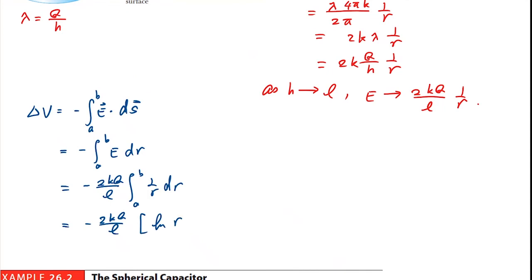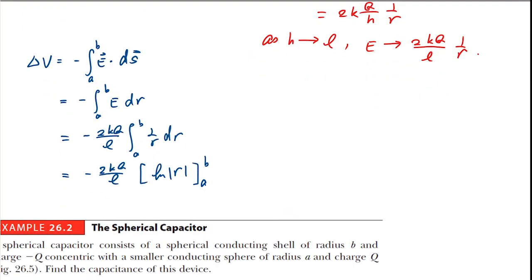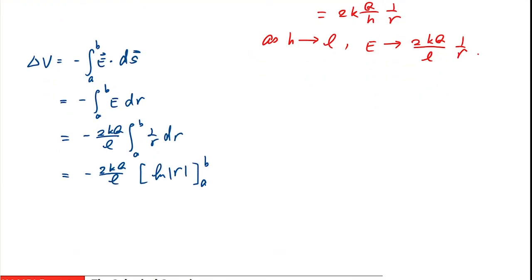Are we sure? Only write down ln if you're sure. Negative 10-point deal. Plug it in. So 2kq over L, ln B minus ln A.